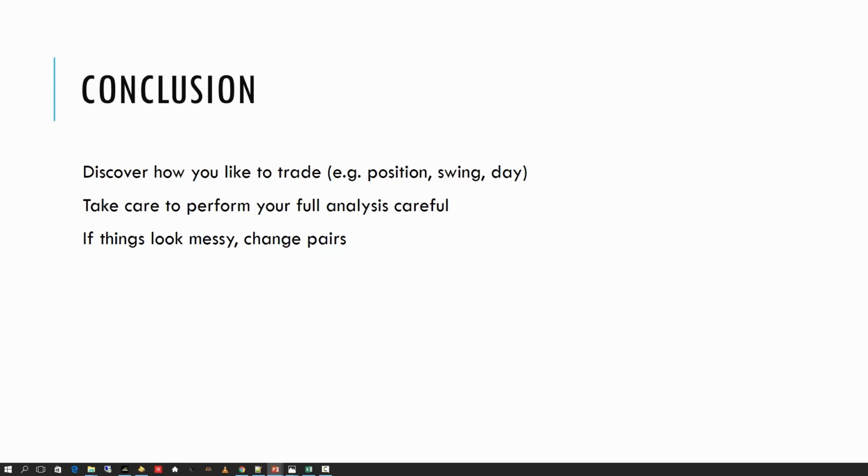But I will always recommend to use the full analysis, because you are really going to be a lot more mindful of what's going on the grand scale. So do that. Once you get more comfortable, then you can move to the quick analysis method if that's what you choose.